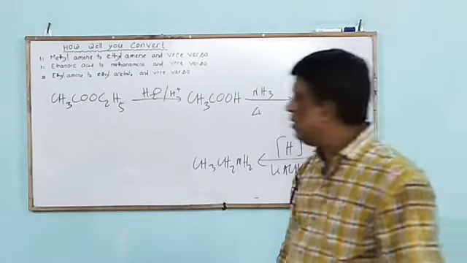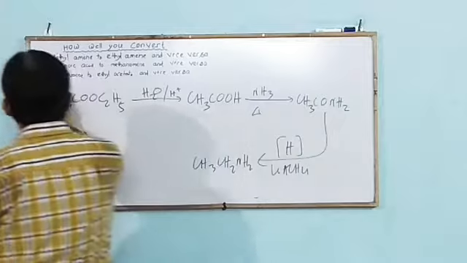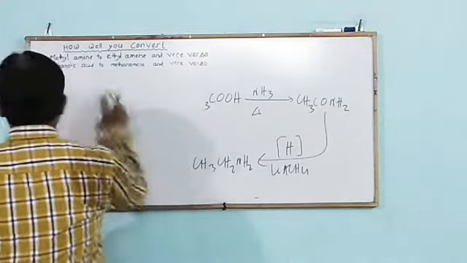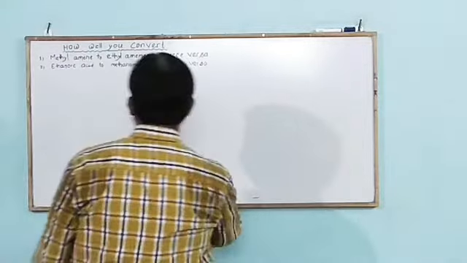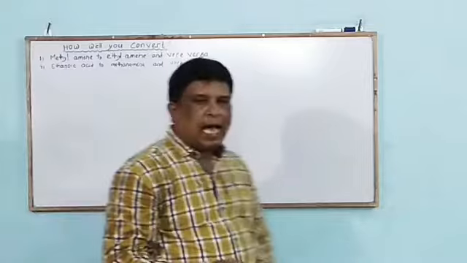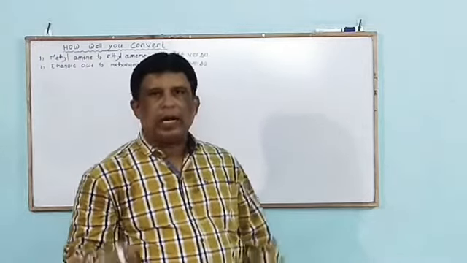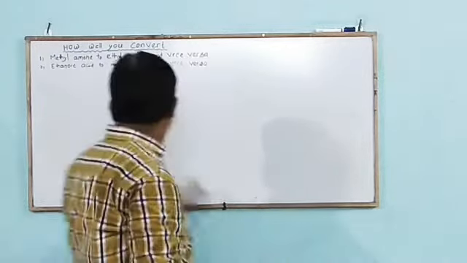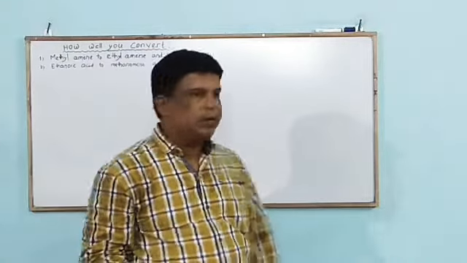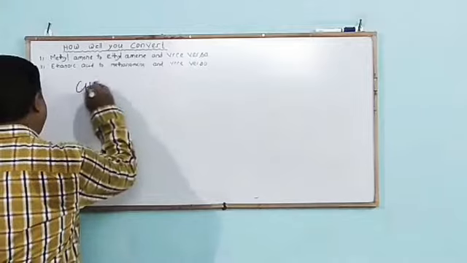Mark the next question. What is the next question? Ethanoic acid to methanamine and vice versa. First is ethanoic acid, that is acetic acid, to methylamine.